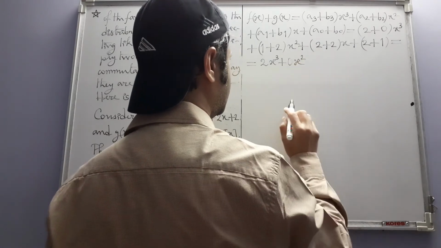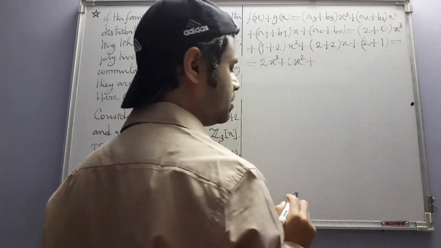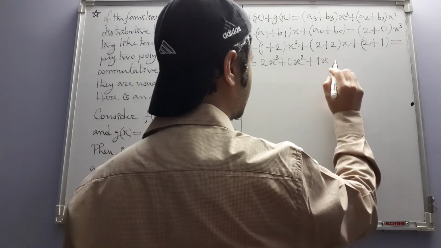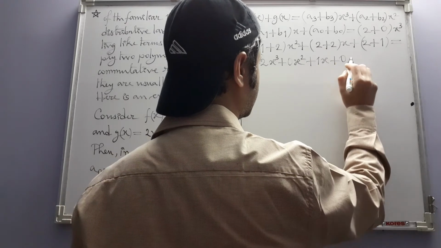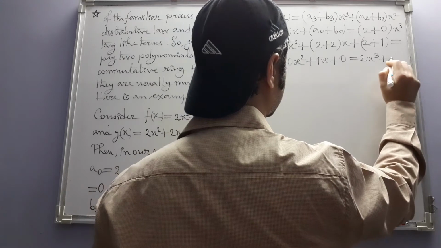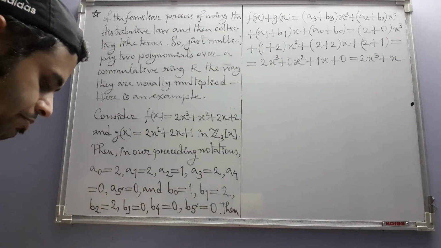In the ring Z3, 3 and 0 are the same thing. 2 plus 2 is 4, but reduce that modulo 3, you get 1, and this again is 0. So we get 2x cubed plus x, that is the sum.